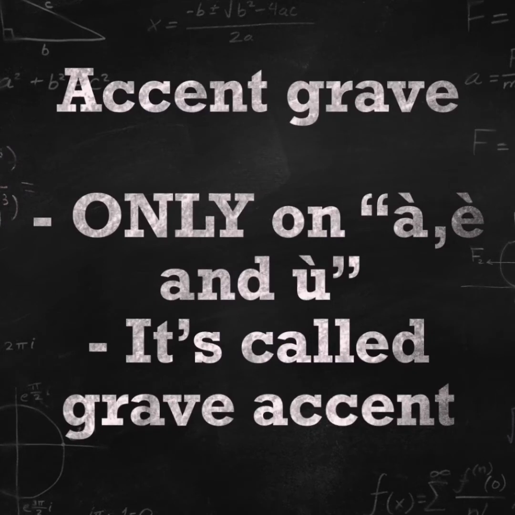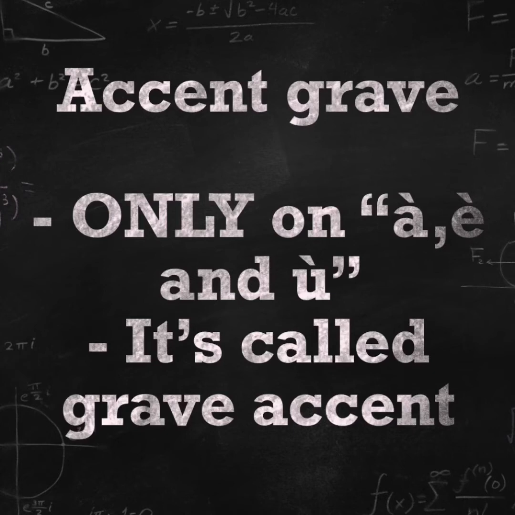Accent grave. It falls only on the letters E, A and U. This is called a grave accent in English and it looks like an obtuse angle. When this accent is present on the letters E, A and U, either there is a change in the pronunciation or the meaning itself.